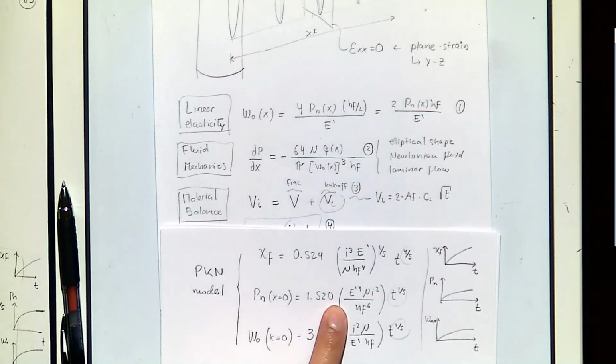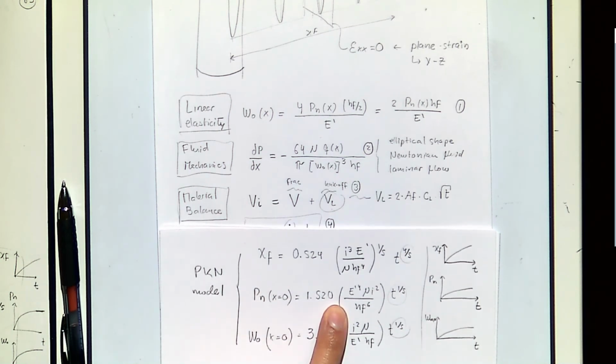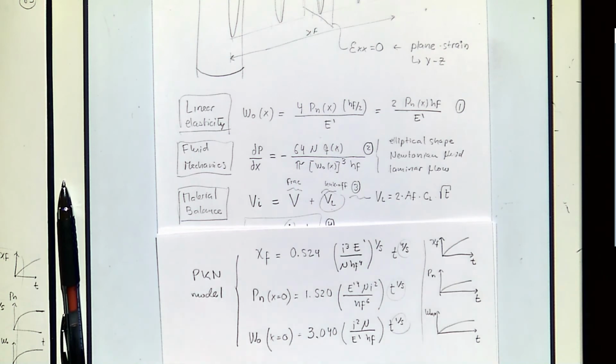For this particular model that we have over here, we assume that there is no leak-off. Probably we should write in here, this is no leak-off, and we also simplify the equations a little bit by assuming a constant injection rate.